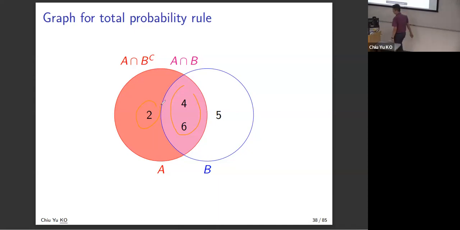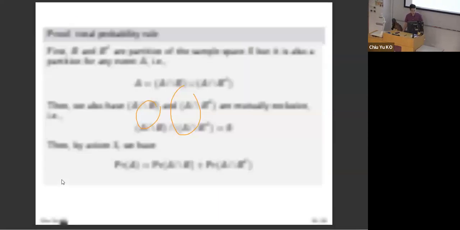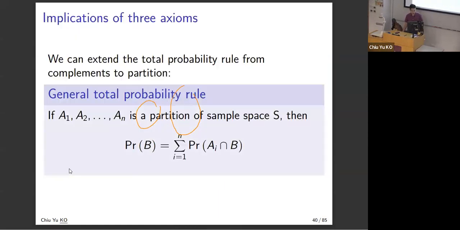So that is the total probability rule. And this also applies when you have a partition. The probability of B will be B with A1, B with A2, A3, A4, up to AN. Okay, so that's the rule.